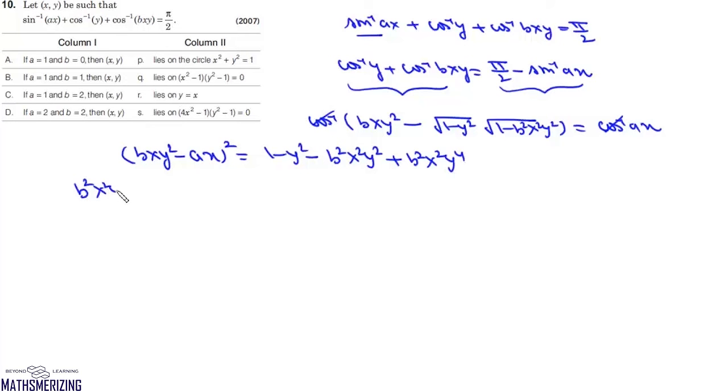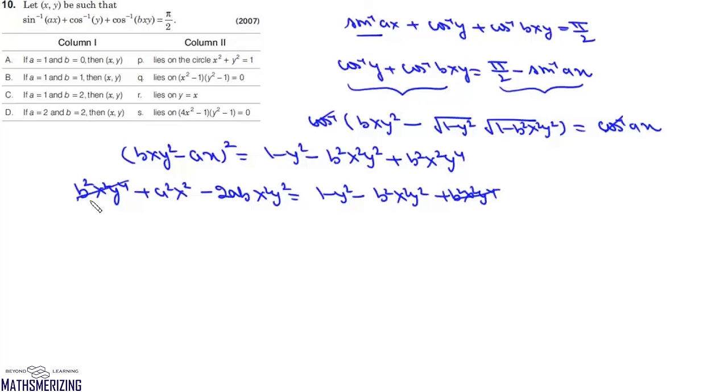We'll get B square X square Y to the power 4 plus A square X square minus 2ab x square y square, and it'll be 1 minus y square minus b square x square y square plus b square x square y to the power 4. It'll cancel. So we can write this expression as a square x square plus y square plus b square minus 2ab x square y square, and it is equal to 1.